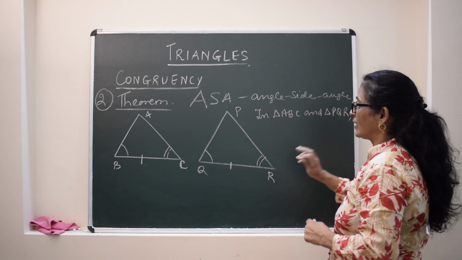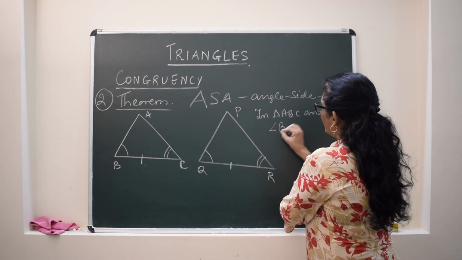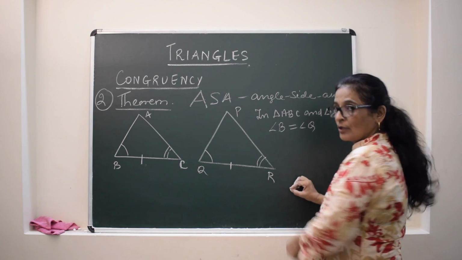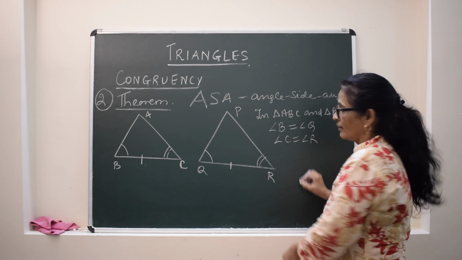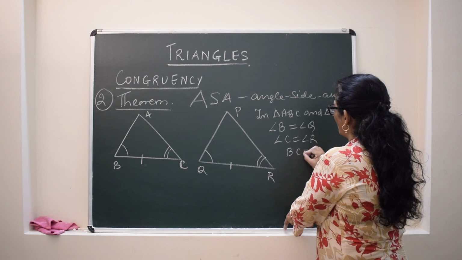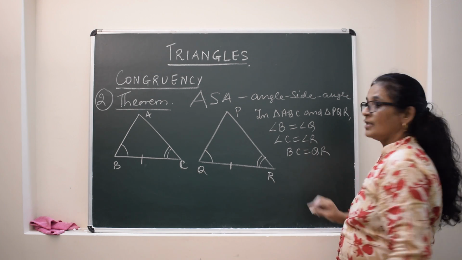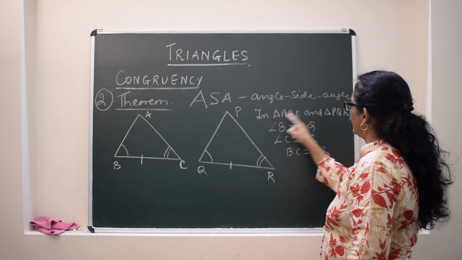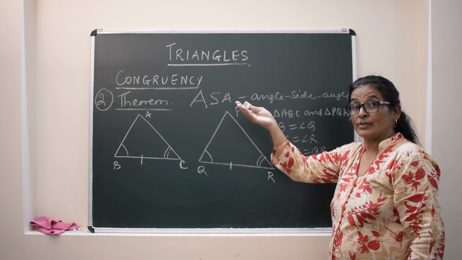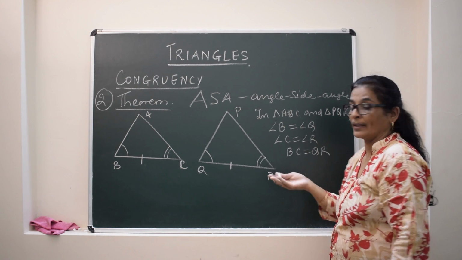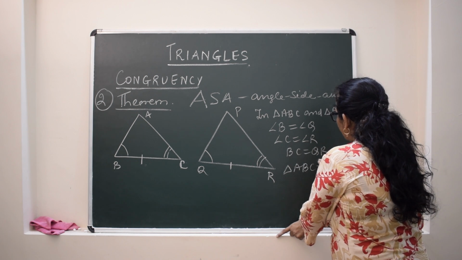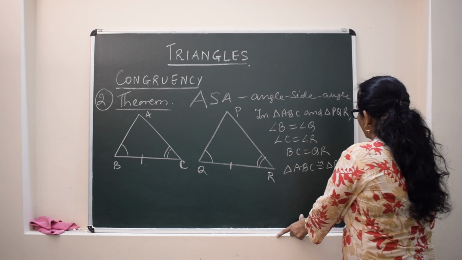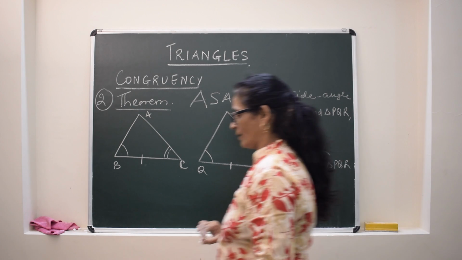So in these two triangles, what is given? Angle B is equal to angle Q, angle C is equal to angle R, and BC is equal to QR. So by ASA, wherever we use it, we have to mention the condition over there. So the triangle ABC is equal and congruent to triangle PQR.